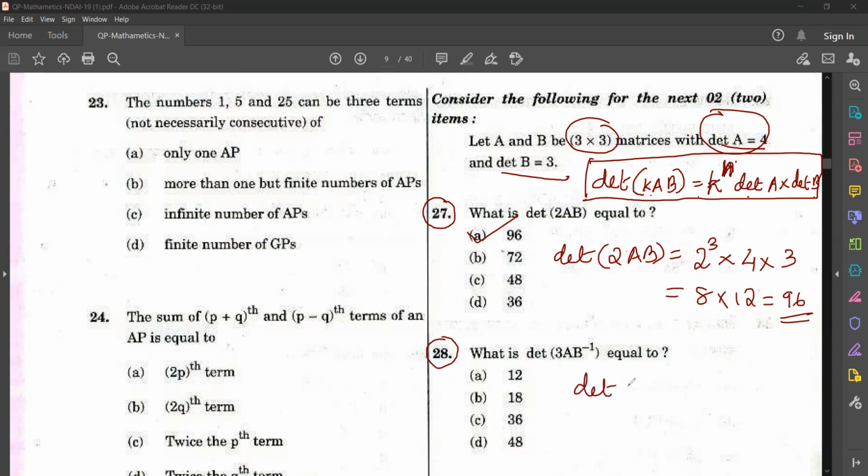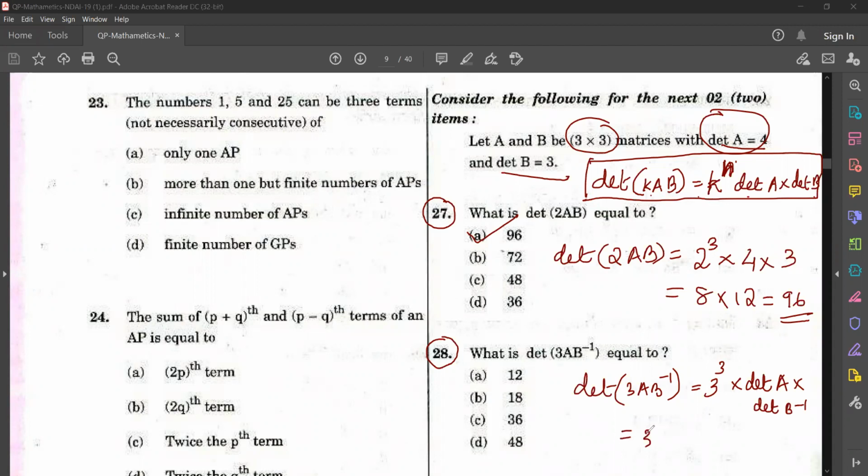So determinant of 3AB inverse, can you write? It is 3 raised to 3 because k raised to n. K is 3, order is also 3, into determinant of A into determinant of B inverse.